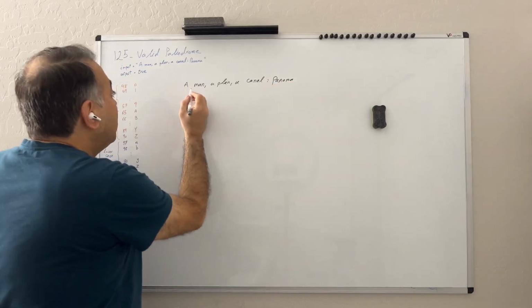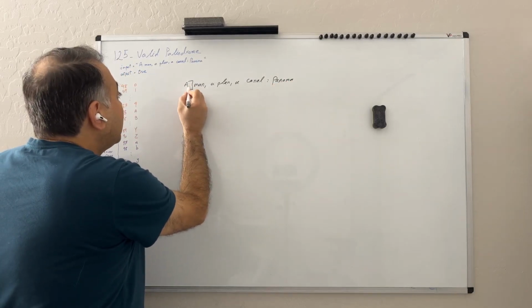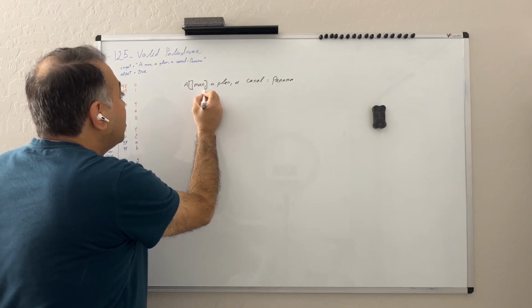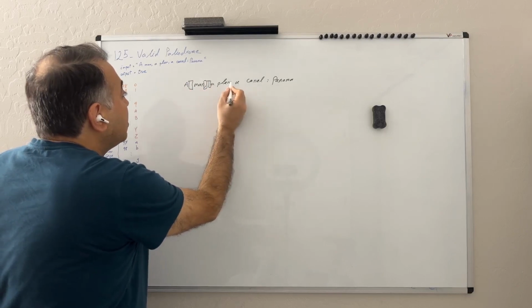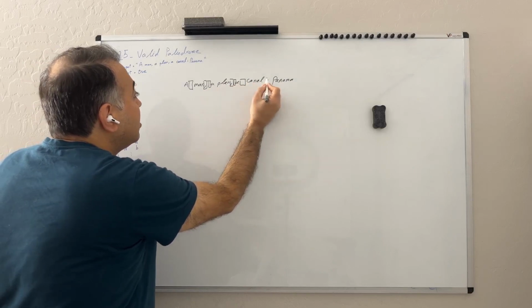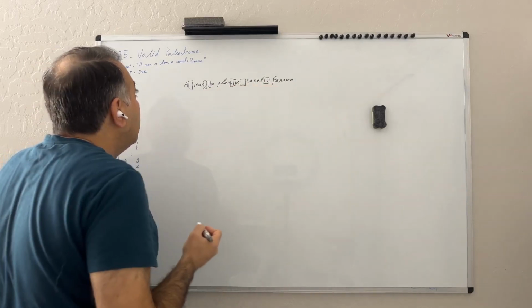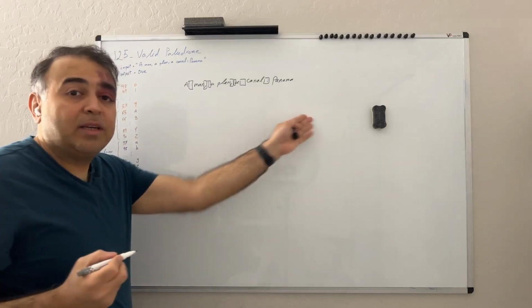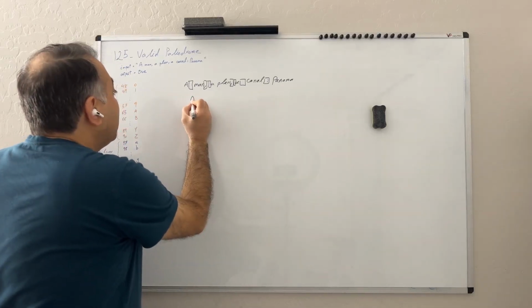First, we need to remove unprintable characters and spaces. For example, this one, this one, this one. We have several unprintable characters here. After we remove all these characters, we get a string like this.